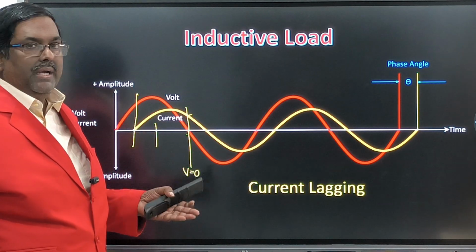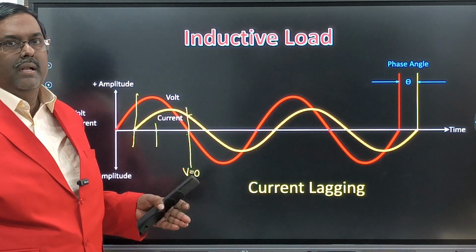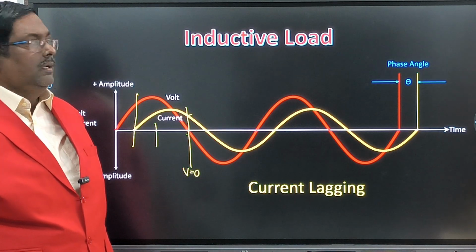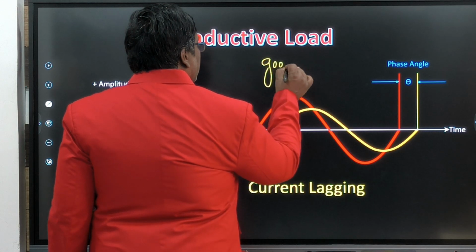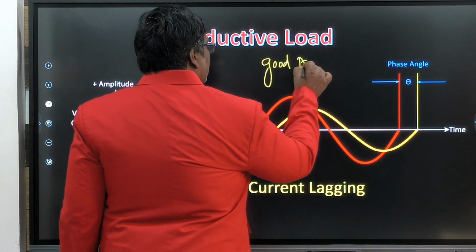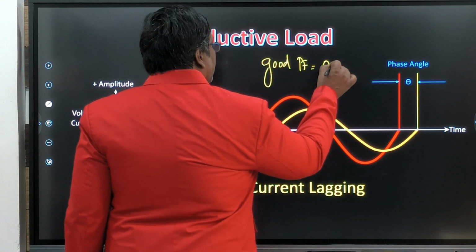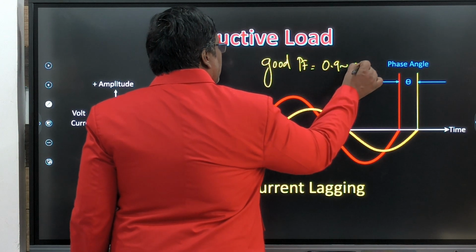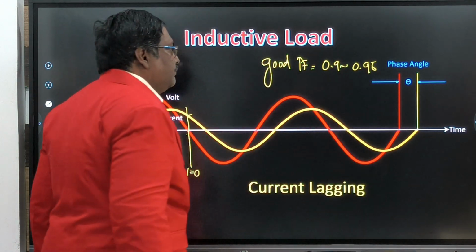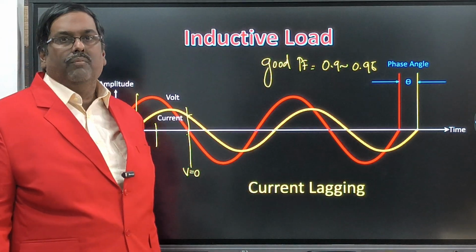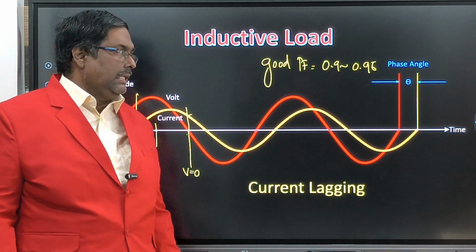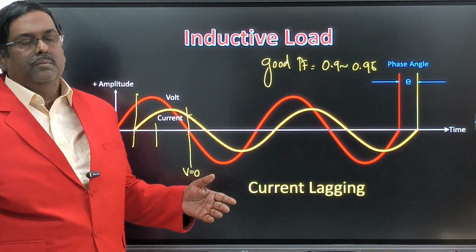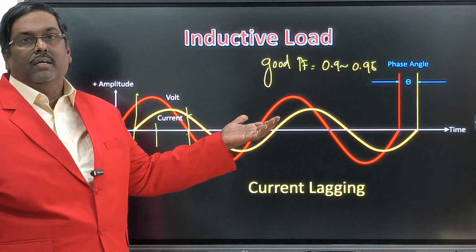But making it 0.9 to 0.95 is good. Good power factor is 0.9 to 0.95. 0.85 is a poor power factor. We have to improve it. Or we have to have some other arrangement to take care of this power factor and adjust it.